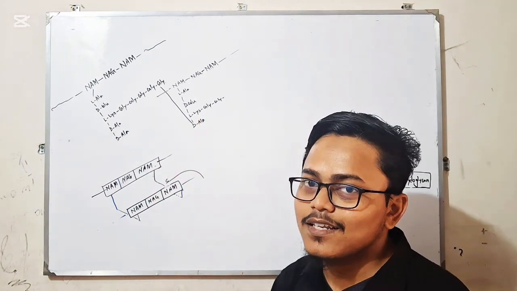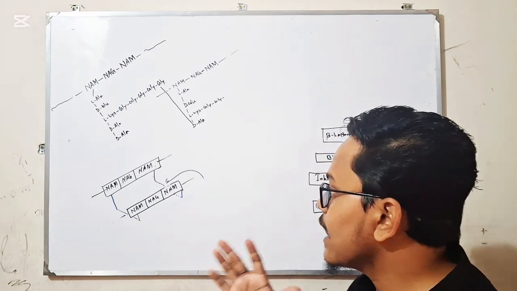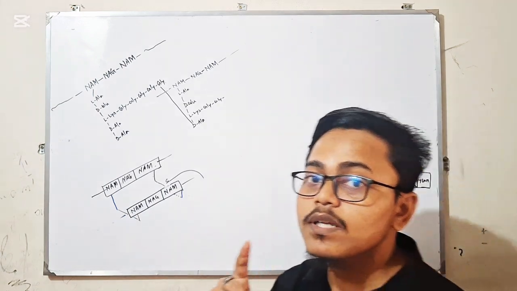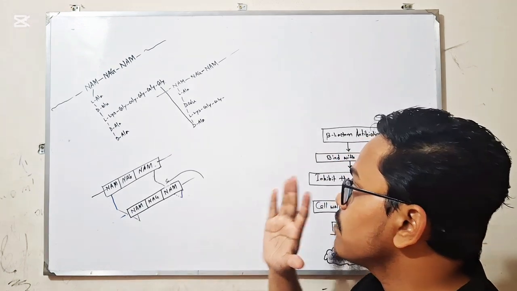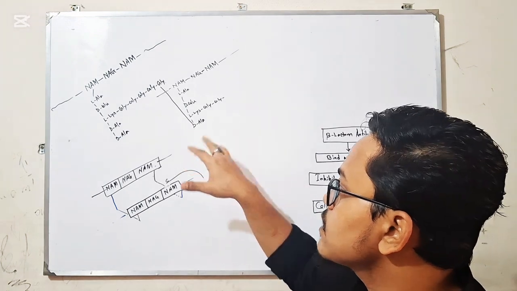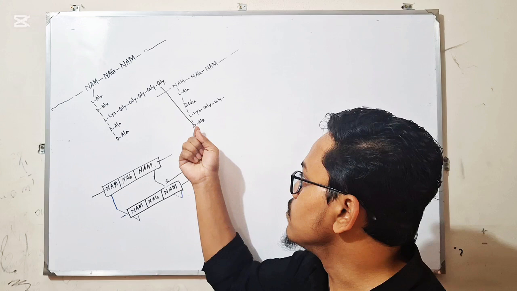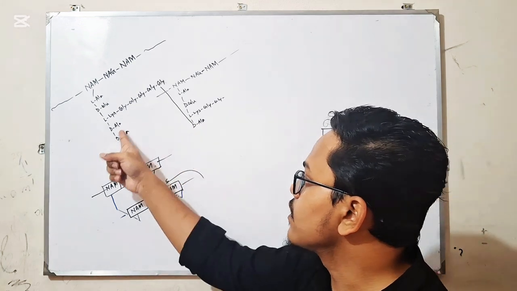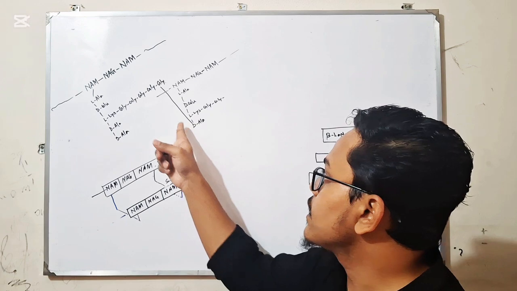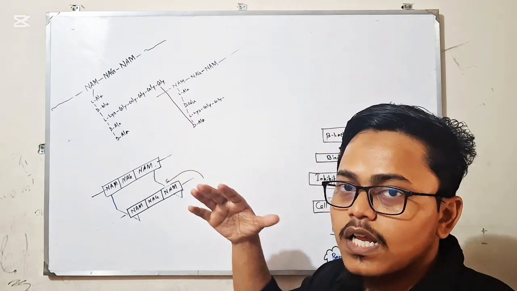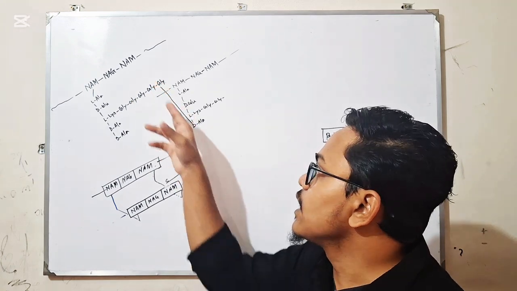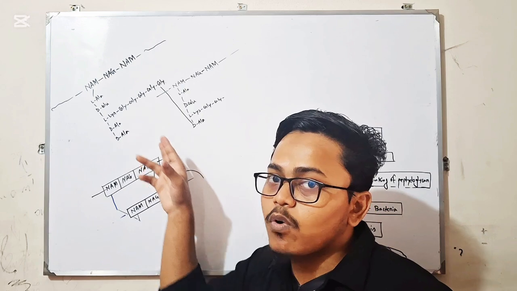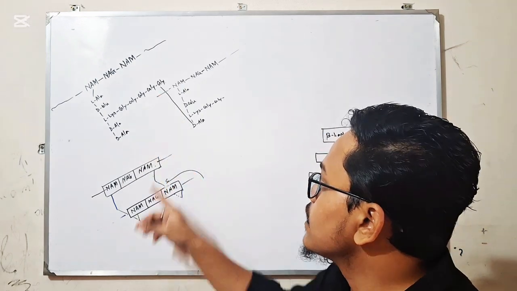Where is the other D-alanine? Basically, as I mentioned before, the transpeptidase enzyme removes that D-alanine from this part, and it helps to form the glycine and D-alanine peptide bond.